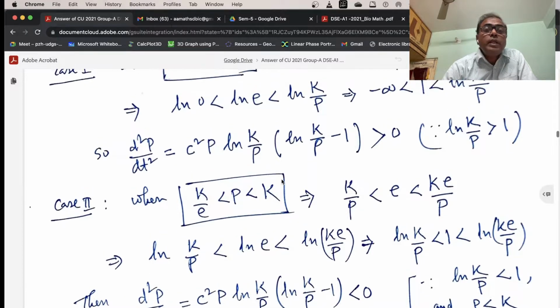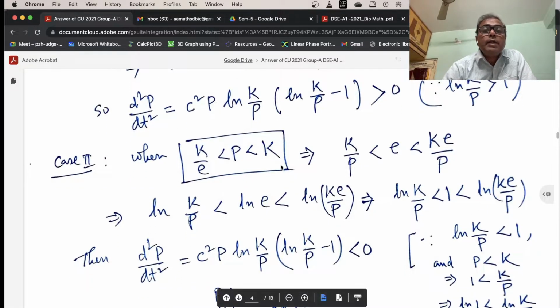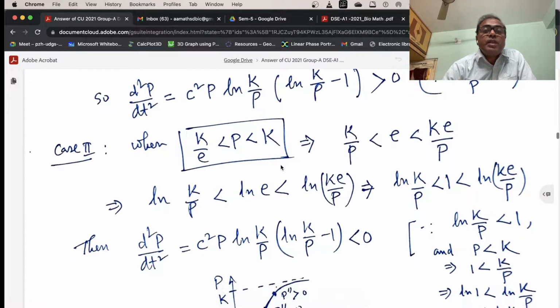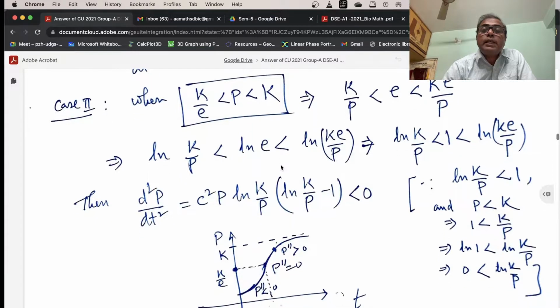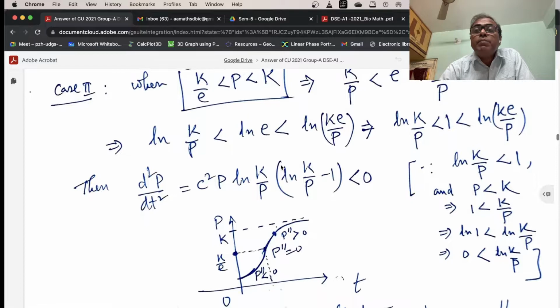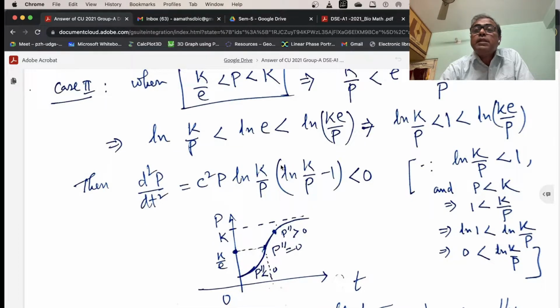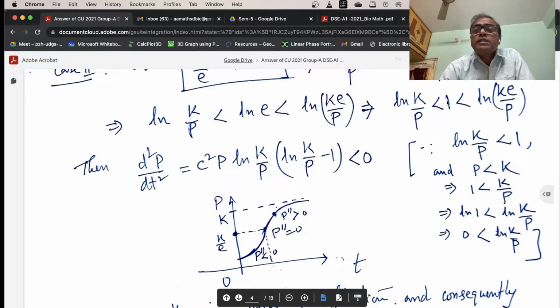In case 2, when p lies between k by e and k, then k by p less than e less than k by p. And so ln k by p less than ln e less than ln k by p. So ln e equal to 1, so ln k by p less than 1 less than ln k by p. So d2p dt square equal to this and this is negative, because ln k by p is less than 1.